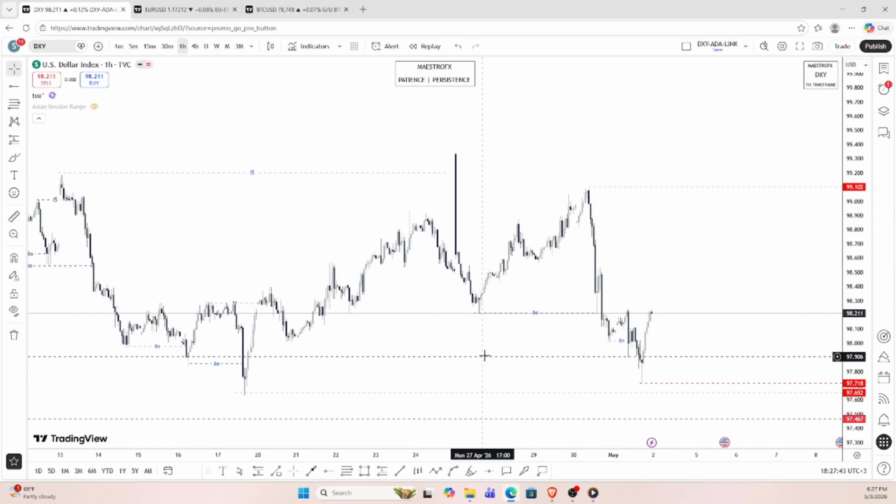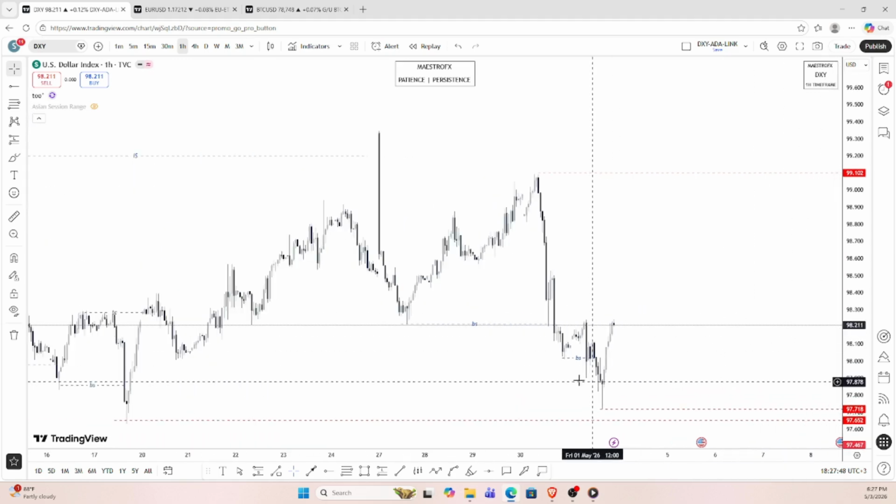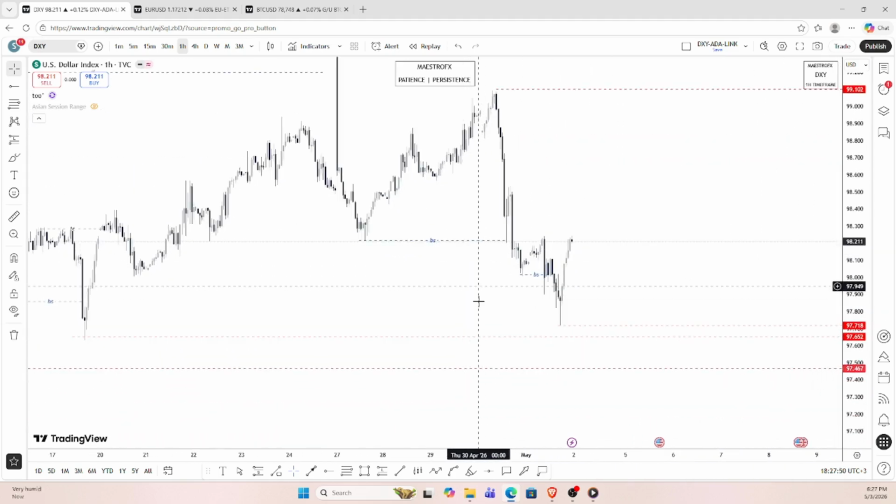So we have to jump on the lower time frame to anticipate where the dollar will be heading to.